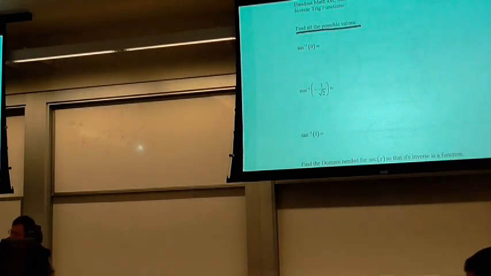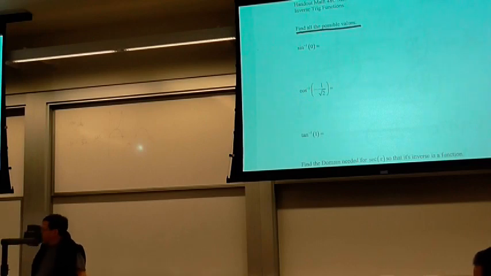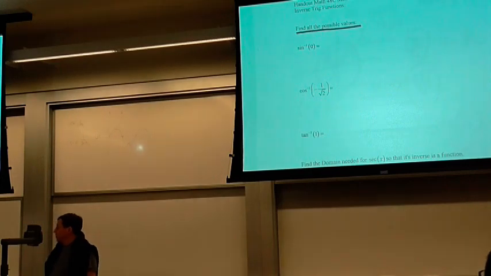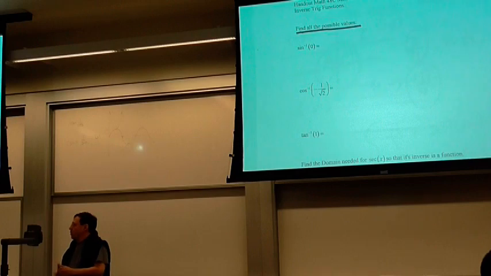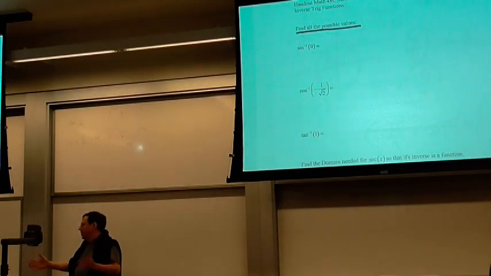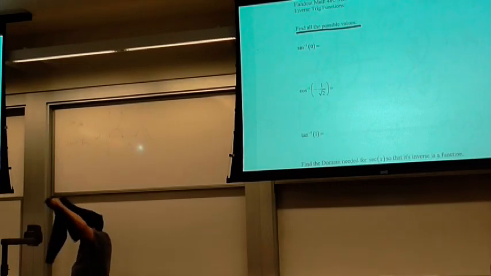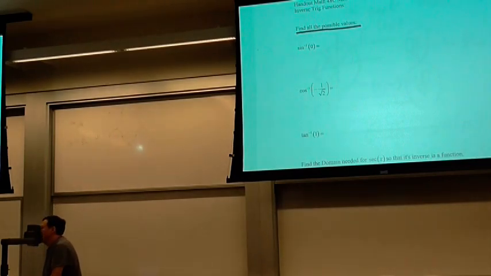There are only a few special angles, special sines and cosines, that we can do exactly right now. Later in the class, there will be more you can do, but not infinite numbers, right?